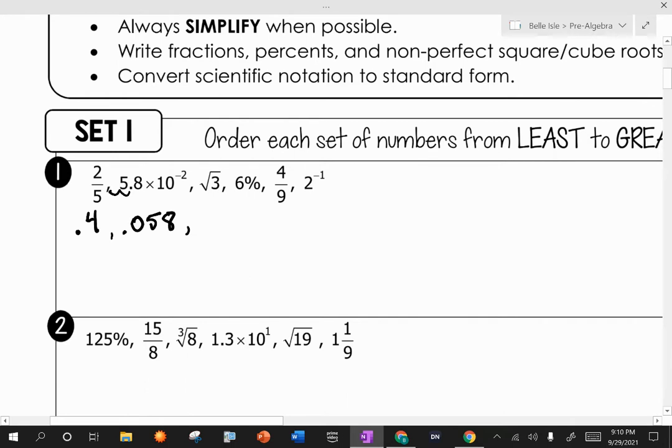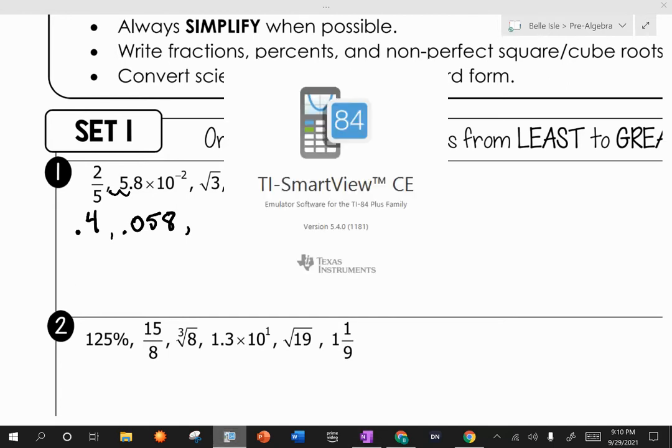Okay, the square root of 3. If you don't know off the top of your head, that's totally fine. I'm going to open up my calculator so that you can see.